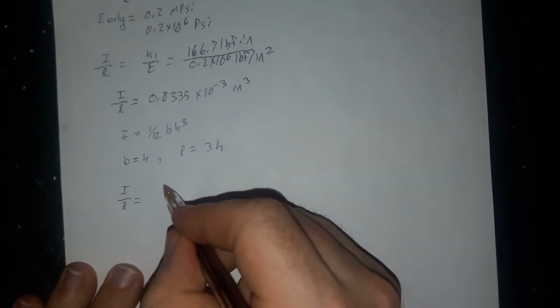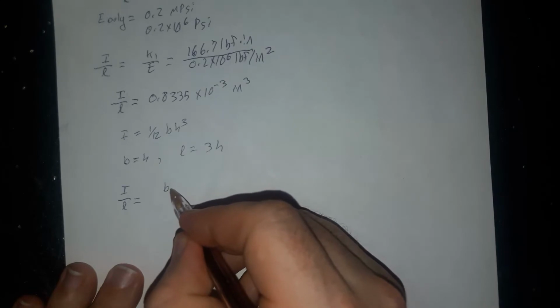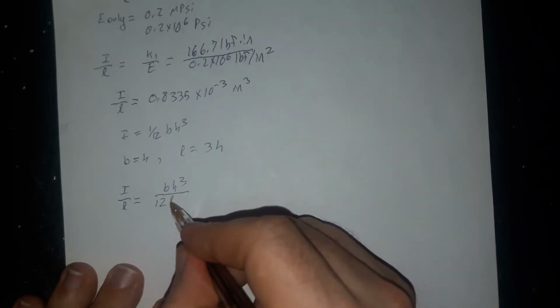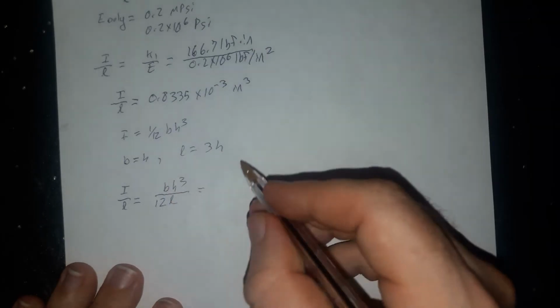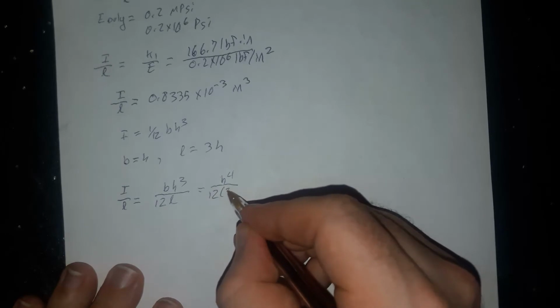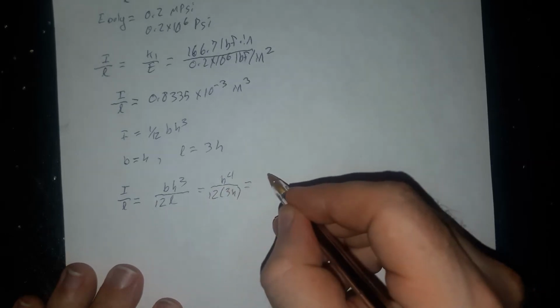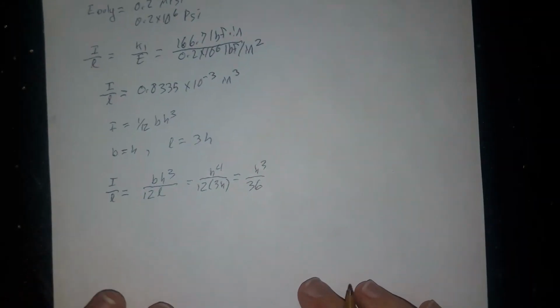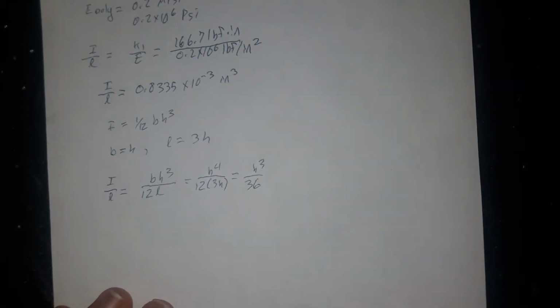Okay, and that's just pulling numbers pretty much out of my head just to make this thing solvable and to give me a ballpark figure of what sort of beam, out of polypropylene, gives me an I over L value of 0.8335 times 10 to the minus 3rd inches cubed. So when I plug in those values, I have BH cubed over 12L, and I get H to the 4th over 12 times 3H, and so that'll give me H cubed over 36. Now once again, that's just making some simplifying assumptions so I can figure out what's going on.